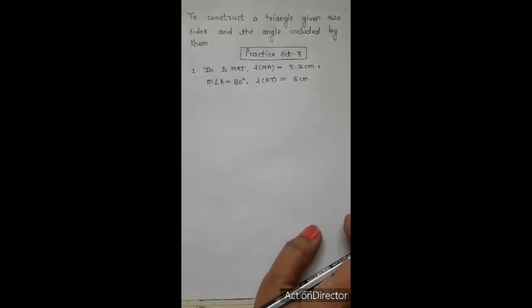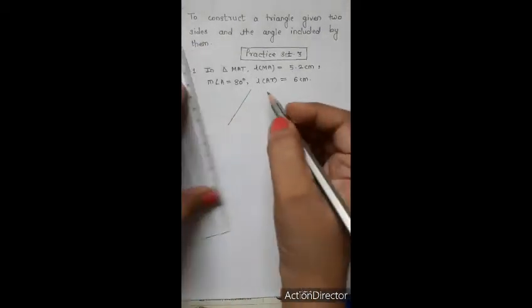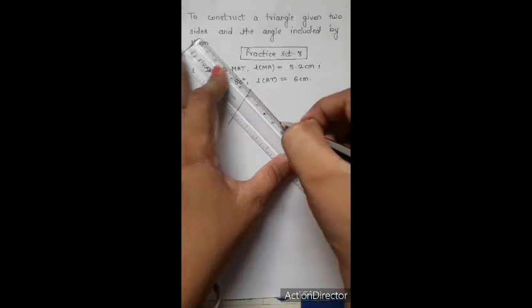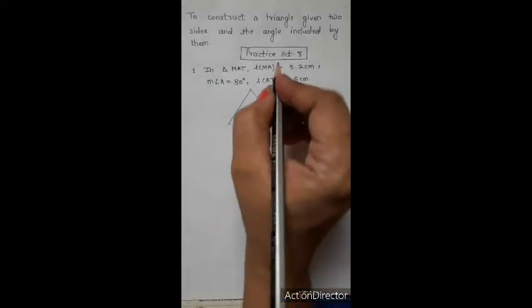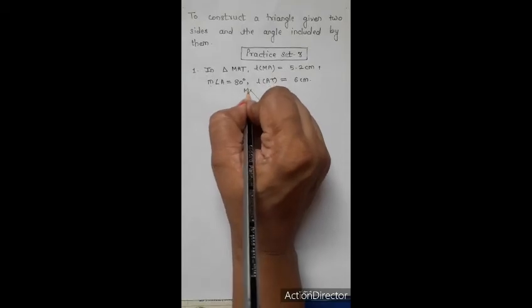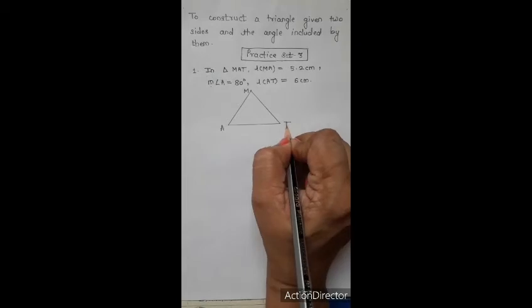As I told you earlier, first of all, you have to draw a rough figure, and again, no need to measure the lengths of the sides or angle. Simply, you have to draw a rough figure.